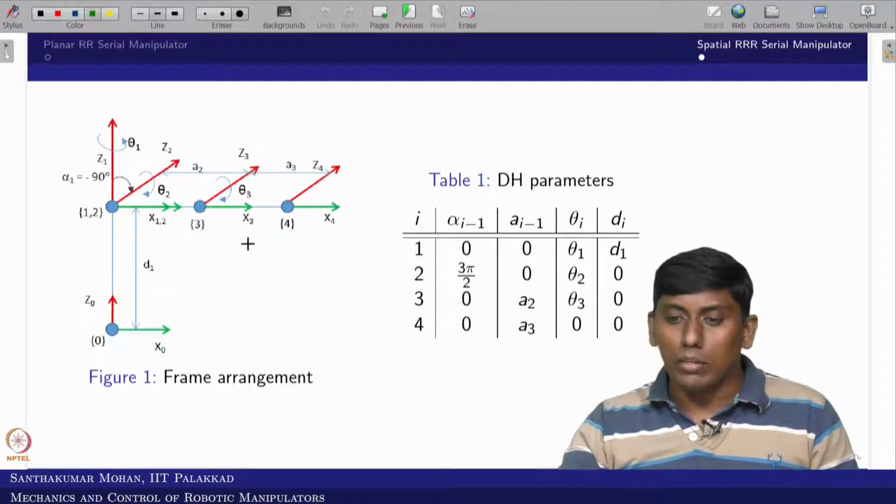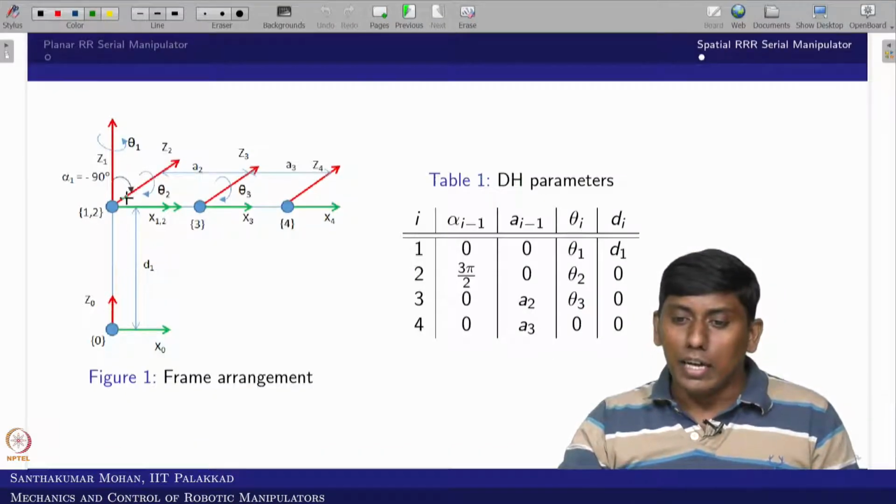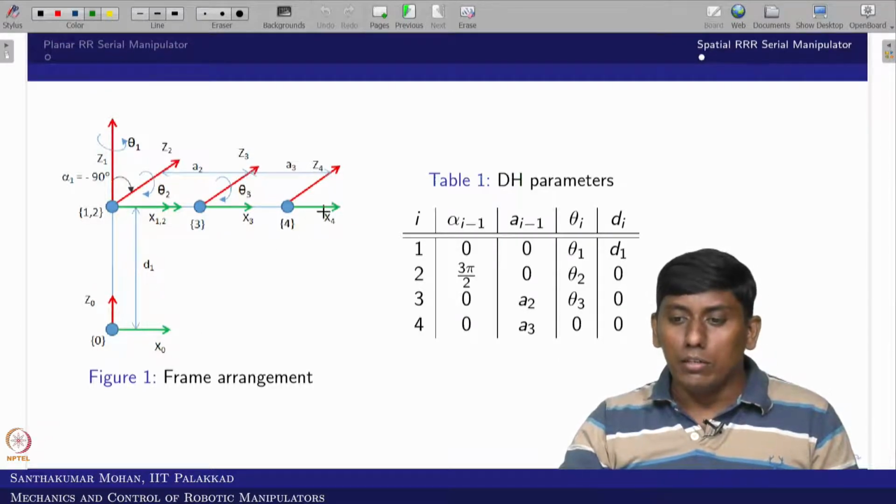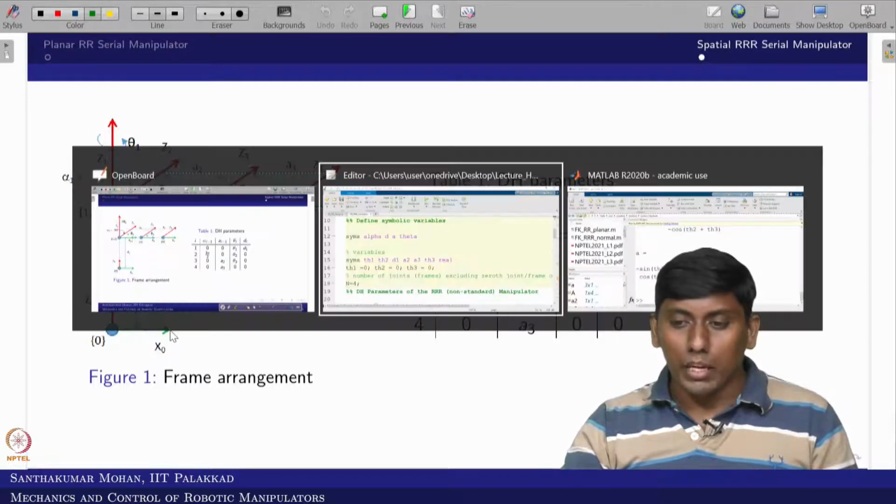The home position says that in the x axis it is A2 plus A3, y axis 0 and z axis D1. For the orientation, x4 and x0 are parallel, so 1 0 0. Z4 is parallel to y0, so the third vector would be 0 1 0, but the second vector, y4, is coming downward, so 0 0 minus 1. That is what we expect.